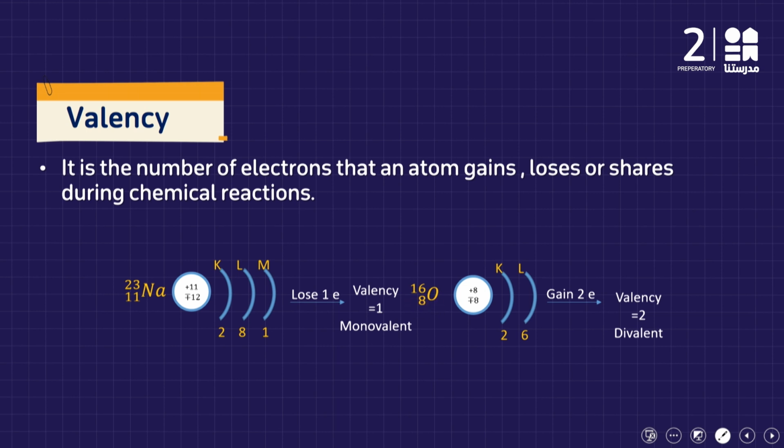What about oxygen? Oxygen has 8 electrons. In the electronic configuration, K contains 2 electrons. What about L? L carries 6 electrons. So it needs 2 electrons to complete its outermost energy level with 8 electrons.